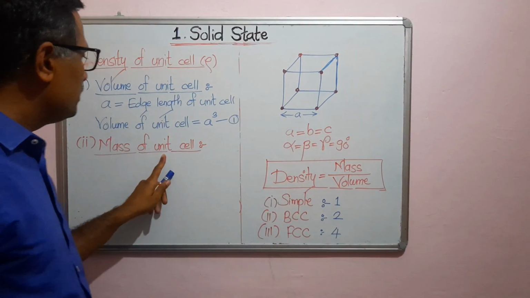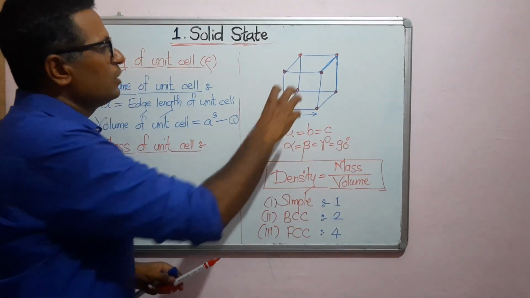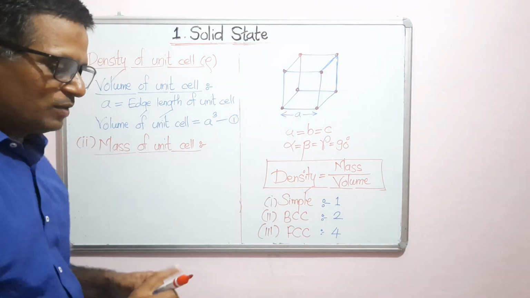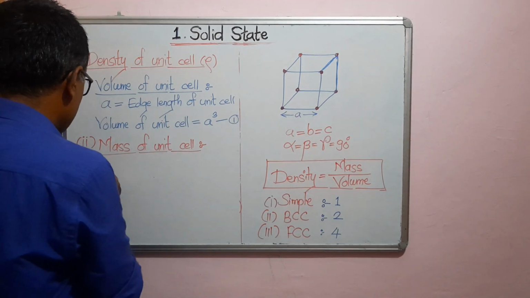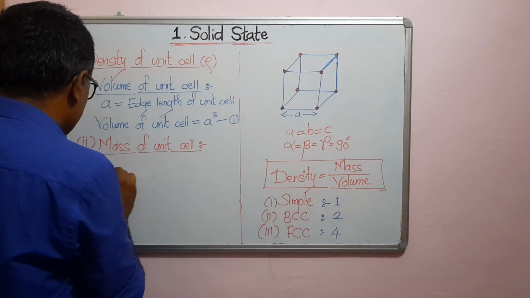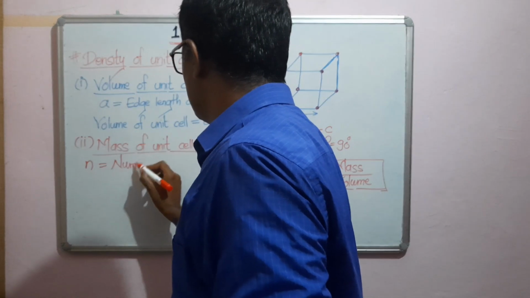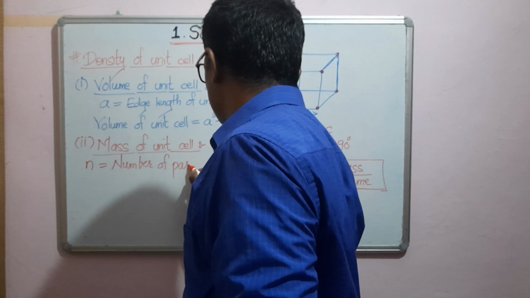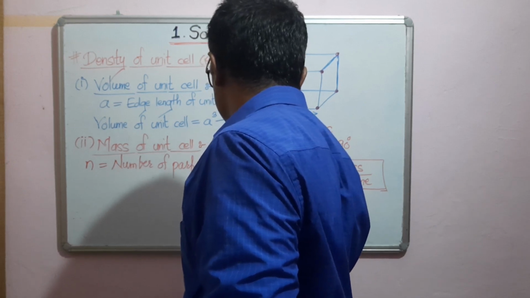To calculate the mass of a unit cell, what do we require? We require the total number of atoms per unit cell and the mass of one atom. This multiplication gives you the mass of the unit cell. Let's say small n is the number of particles per unit cell.